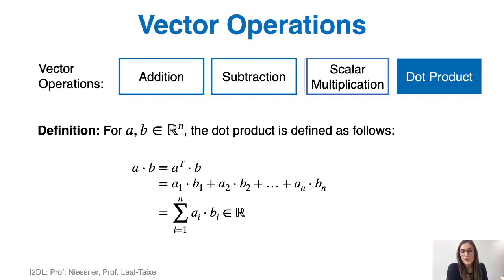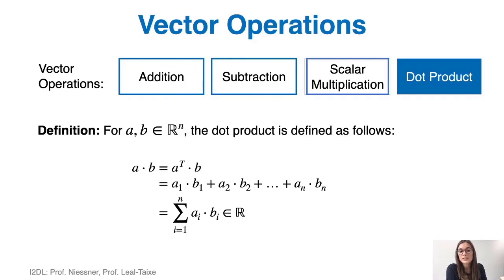For the dot product, again, we start with two vectors, taking A and B as elements from Rn, and then the dot product is defined as, we just used the multiplication sign for it, A times B, but essentially it is like the multiplication between the transposed vector of A and the vector B. In this case, that just means that I take the component-wise product of the elements of the two vectors, and then I take the sum over all of the entries of this resulting component-wise multiplication of vectors A and B. So the result of the dot product is given here in the second and third line.